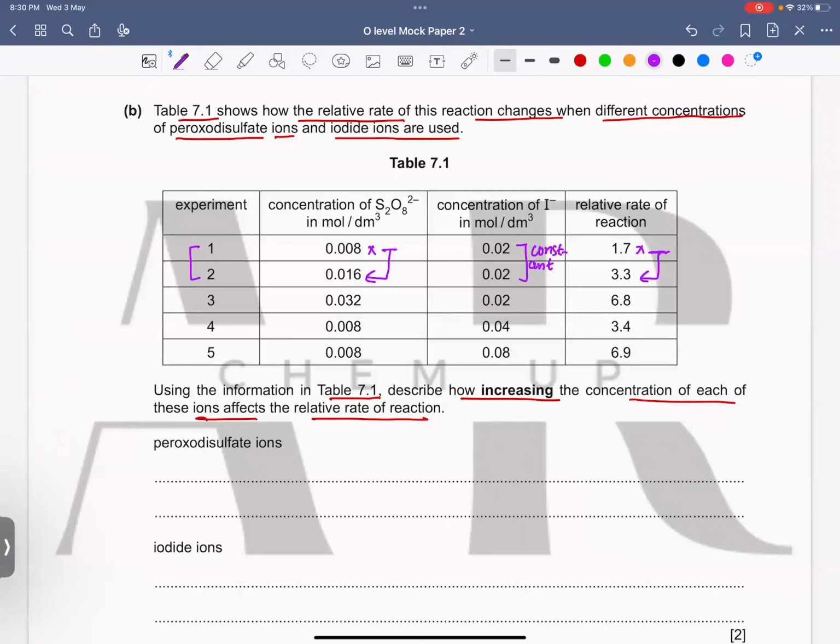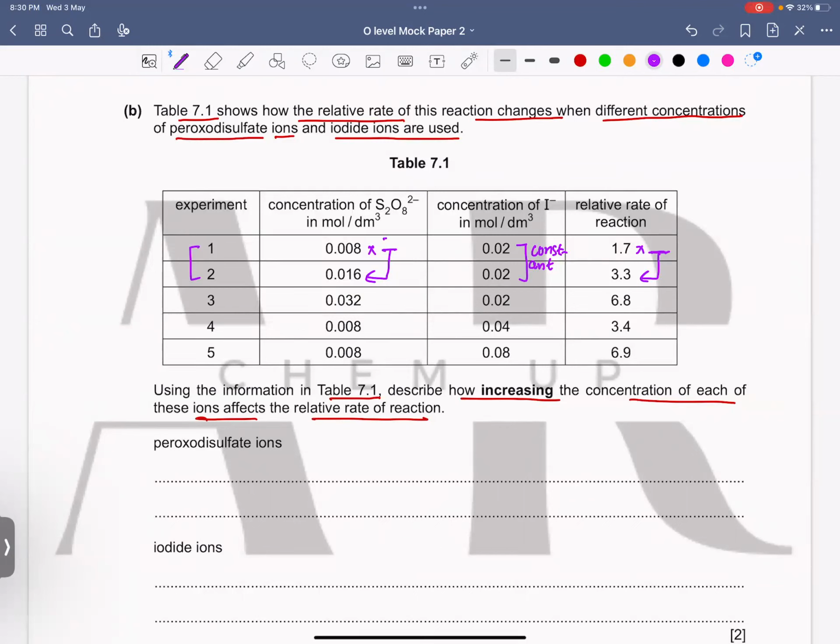So from experiment 1 and 2, I can clearly observe the effect of the concentration change of peroxodisulfate on the rate, because the concentration of iodide is not changing. So whatever change in the rate is taking place is actually due to the change of the concentration of peroxodisulfate. You will clearly see that in the first experiment the concentration is 0.008 for peroxodisulfate, and in experiment 2 it is 0.016.